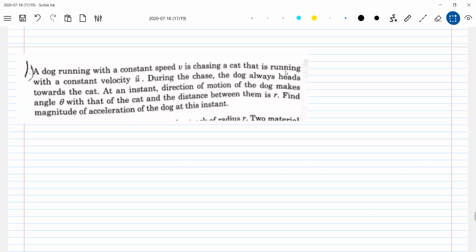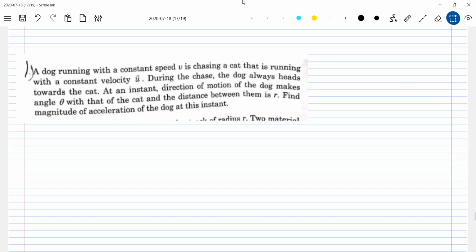So look at this one. A dog running with a constant speed v is chasing a cat that is running with a constant velocity. During the chase, the dog always heads towards the cat. How to draw the diagram?